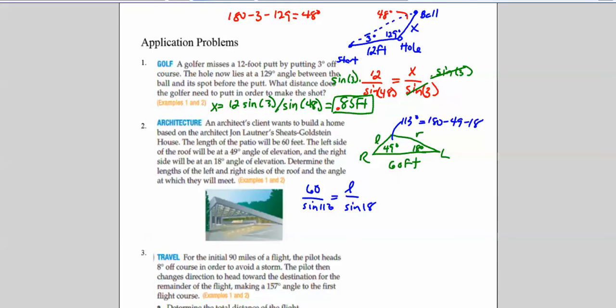And then multiply both sides by sine 18. And these cancel. So L equals 60 times sine 18 divided by sine 113. Okay, and when you type that in, you should get about 20.1 feet.